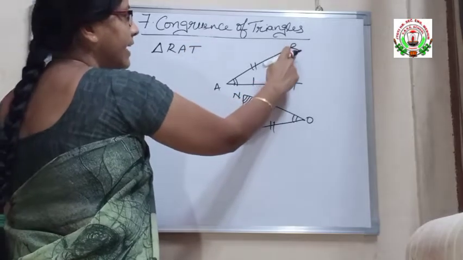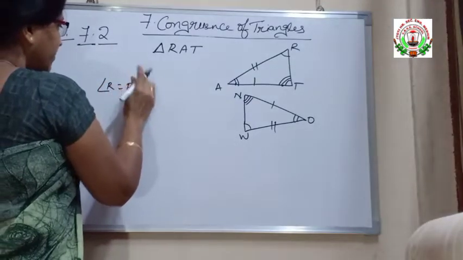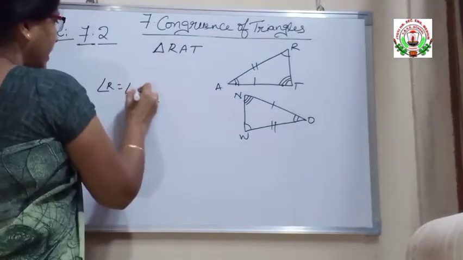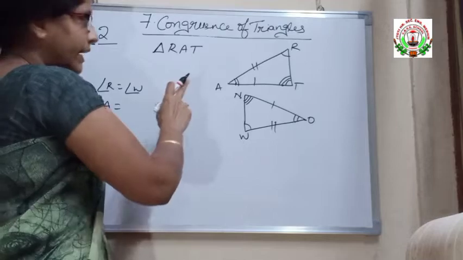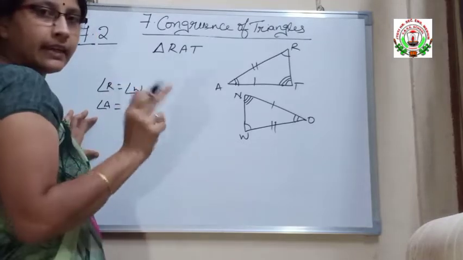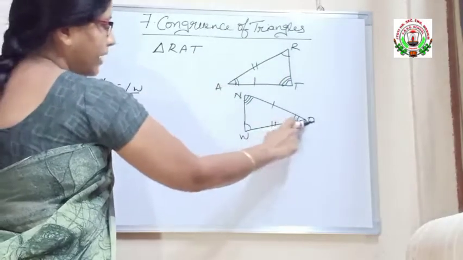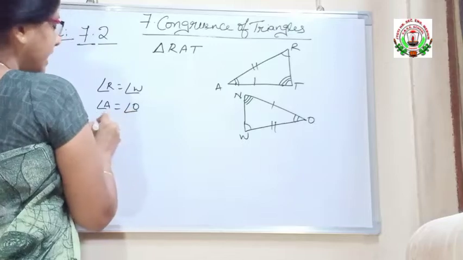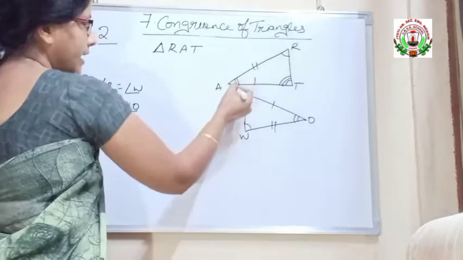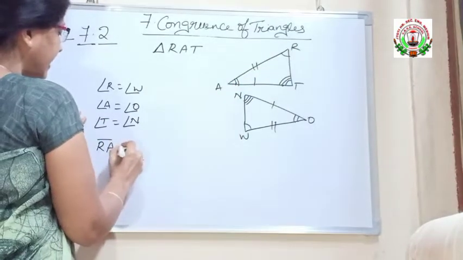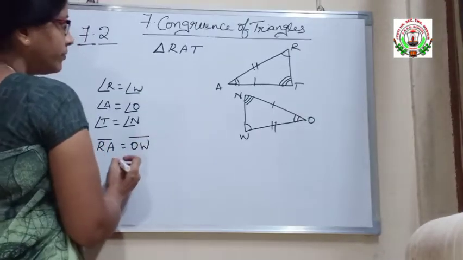Angle R is equal to angle W. I am writing corresponding parts equal, so I have started with R. Next, angle A is equal to angle O. Next, angle T is equal to angle N. Next, side RA is equal to OW.